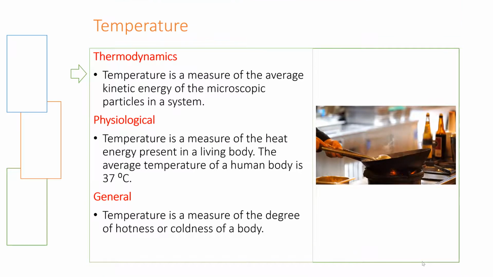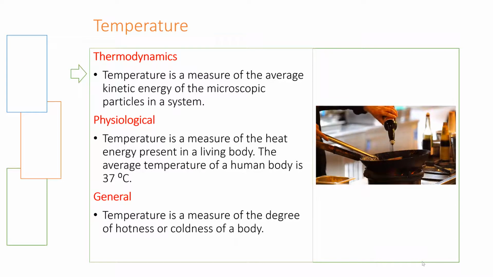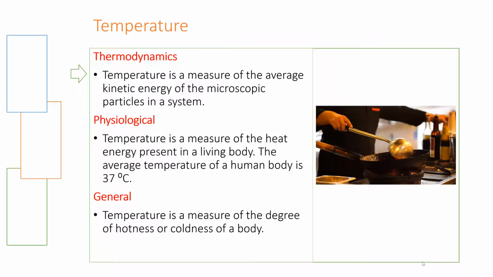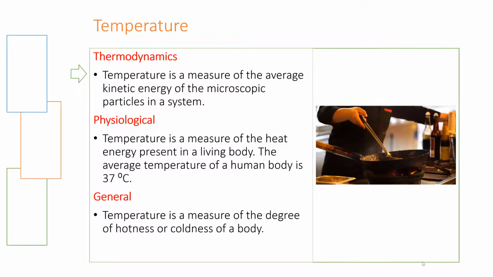The first question we'll ask is, what is temperature? Now, there are several different definitions of temperature as it relates to different types of fields or subject matter. In thermodynamics, temperature is defined as a measure of the average kinetic energy of the microscopic particles in a system.